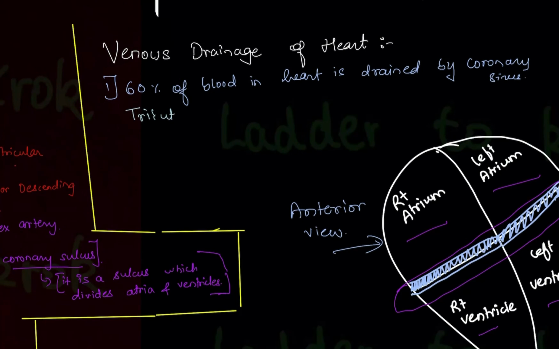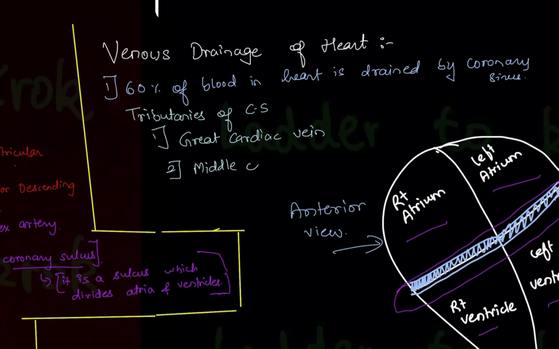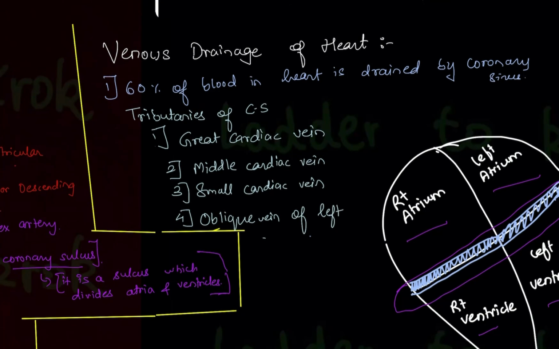Write down the topic first: tributaries of the coronary sinus. CS is the coronary sinus. First is the great cardiac vein. Second is the middle cardiac vein. Third is the small cardiac vein. Fourth is the oblique vein of the left atrium.